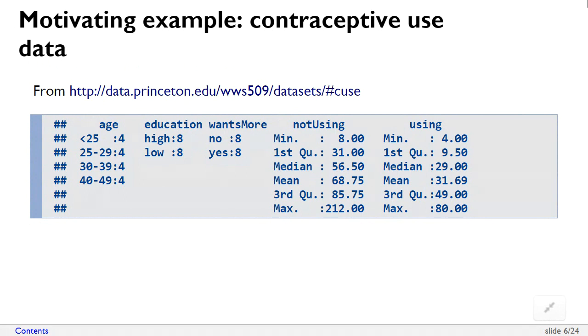Going back to that motivating example of contraceptive use, remember we had 3 predictive variables and an outcome variable. The outcome was whether the individual is using contraceptives, and the 3 predictors are their age, education level, high or low, and whether they respond that they want more children.